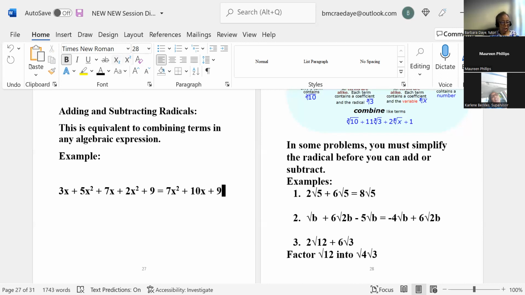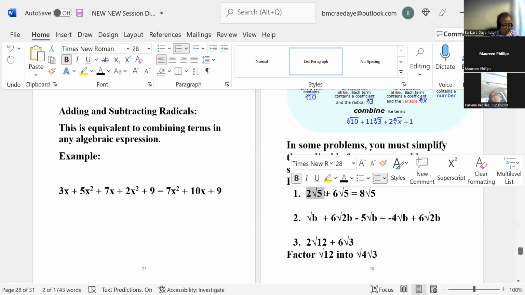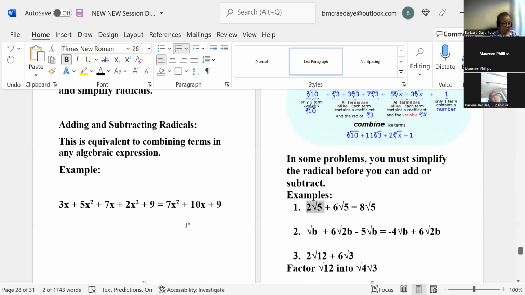So just as you added those terms, we can do the same when we have the same radicals. Let me copy that here, because I want to use the analogy: when we combine the same terms, like same variables, we can do the same with the radicals.